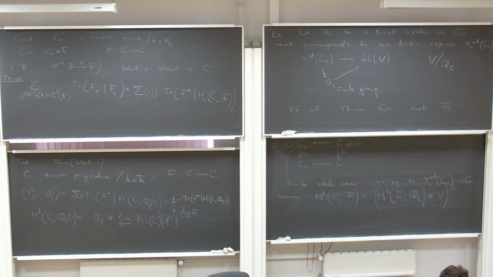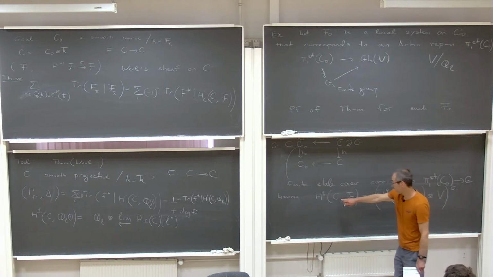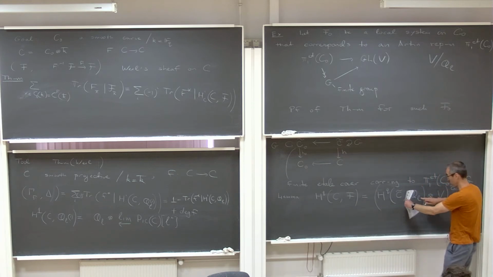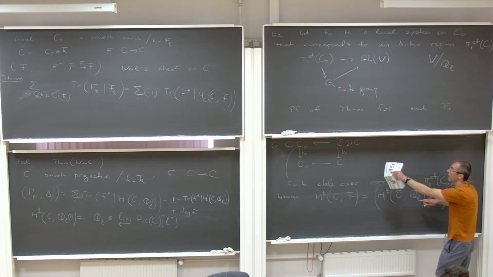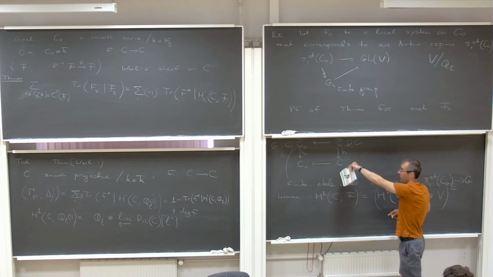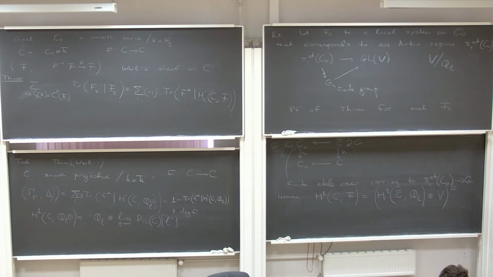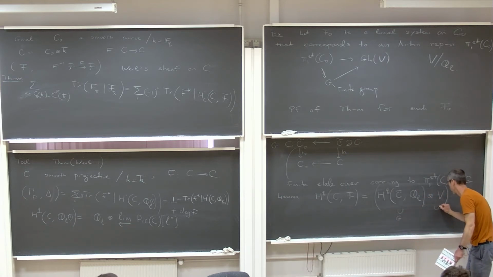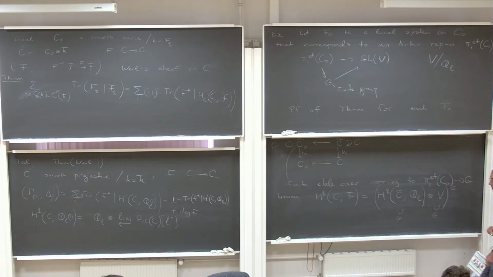The claim is that the homology of any space with coefficients in an Artin local system can be expressed in terms of the usual homology of the cover where the local system is trivial. Diagonal action, right: G acts here, and it also acts here, and I take the diagonal action.